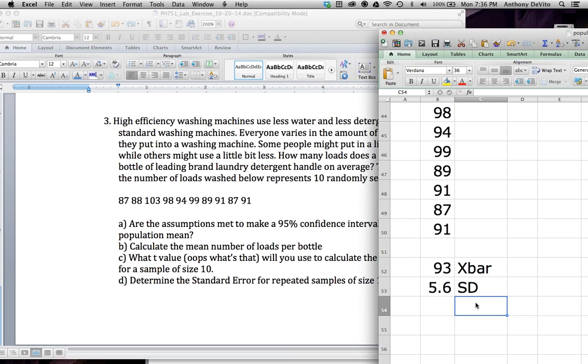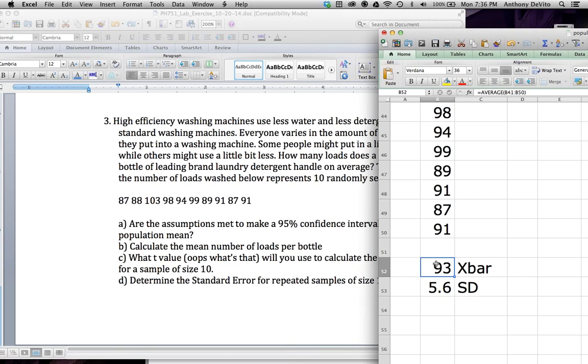Because if we looked at it now, instead of having one element of uncertainty, the mean, now we have two elements of uncertainty. We're guessing at the population standard deviation, and we're guessing at the mean. Okay? So now that's a problem for us.